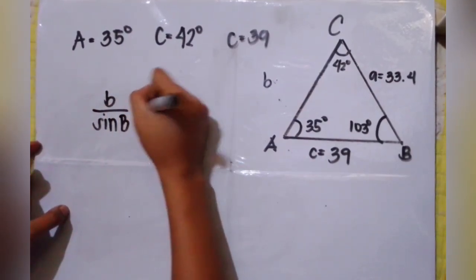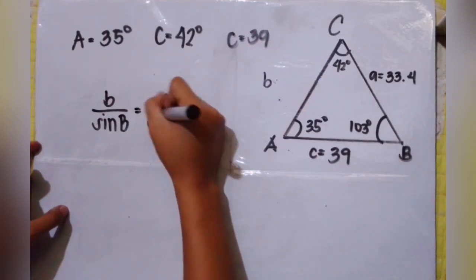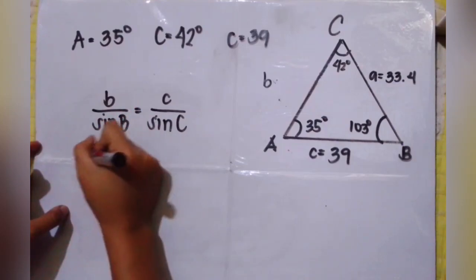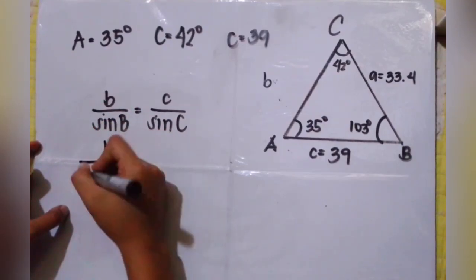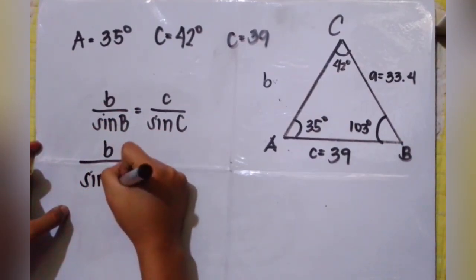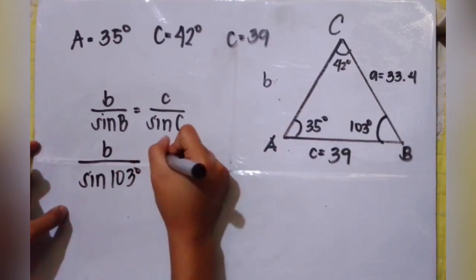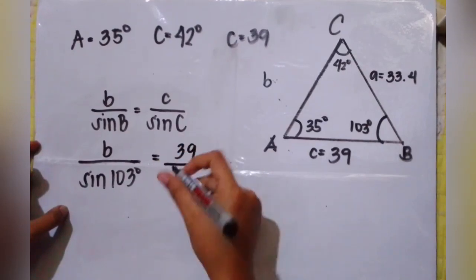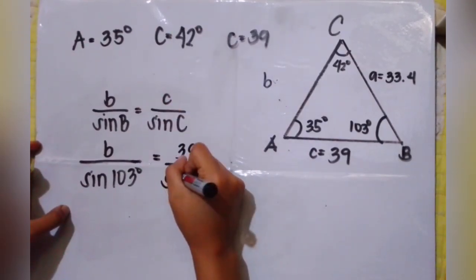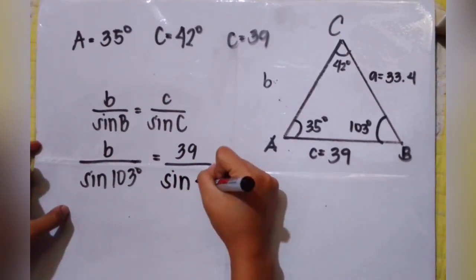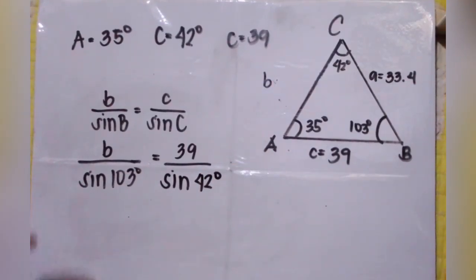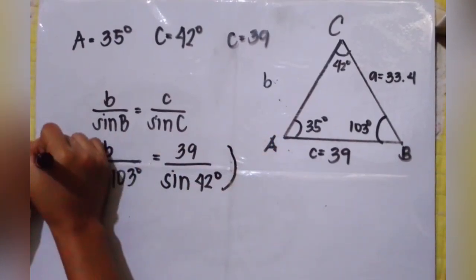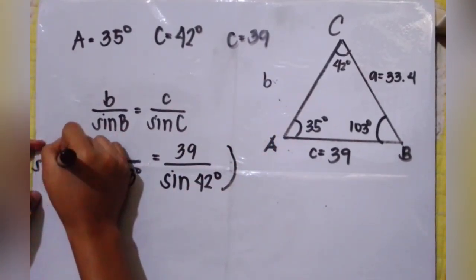Then we will use the law of sines to find the side B. B over sine B is equal to C over sine C. Then substitute. B over sine 103 degrees is equal to our side C, which is 39, over sine 42 degrees. Then we multiply both sides by sine 103 degrees.